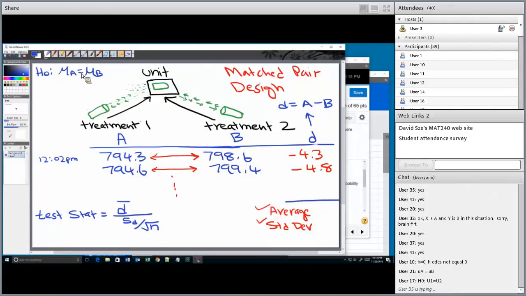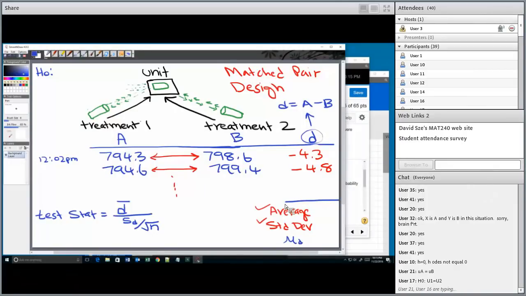Basically what that means is that the averages are the same. Well, okay, hold on. Mu A equals mu B is fine, except we have to use this guy, D. We have to use D, remember? We have to use mu D.